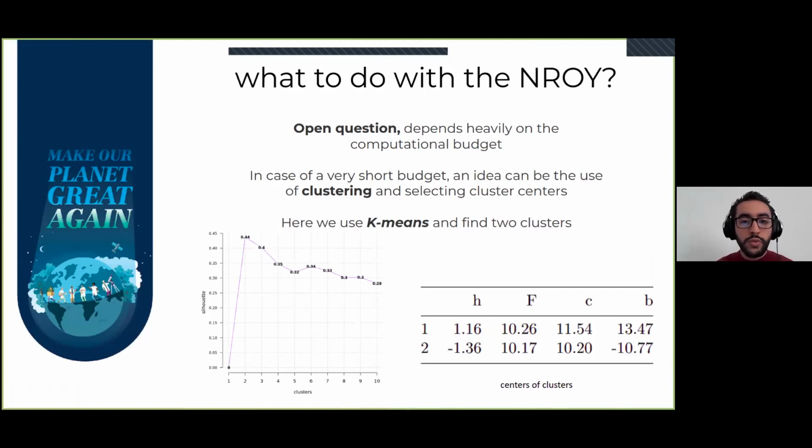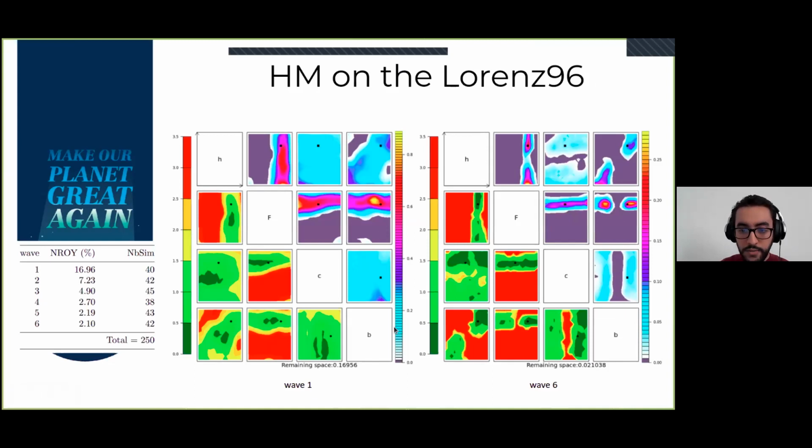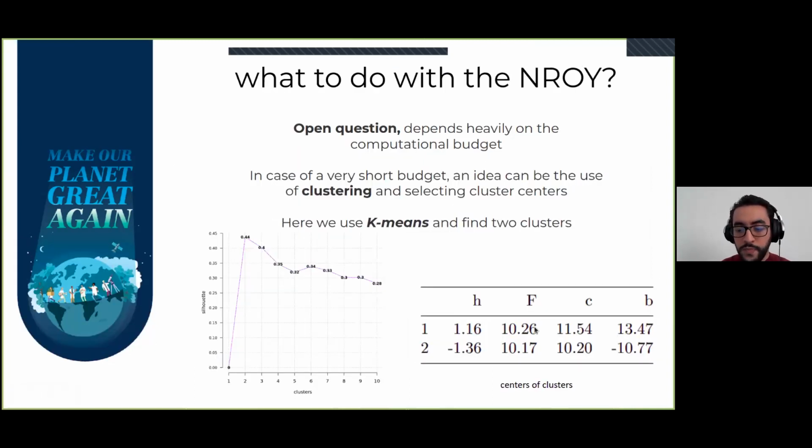What you can do is run a clustering algorithm on this space. You can see by eye that there are some clusters here. When you run, for example, k-means, a classical clustering algorithm, you find that there are 2 clusters, and these are the centers of the clusters.